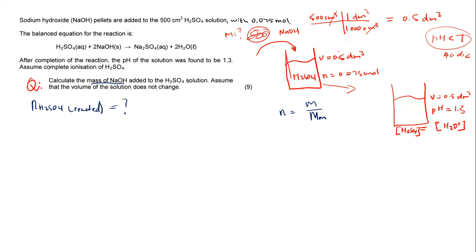Now, let us utilize what is provided to us. Remember, initially, we were given the number of moles of H2SO4. But be careful. This is not the number of moles reacted. It is the number of moles of H2SO4 initial. So we started with this number of moles, which is 0,075, and out of it there is a specific amount that has reacted with sodium hydroxide.